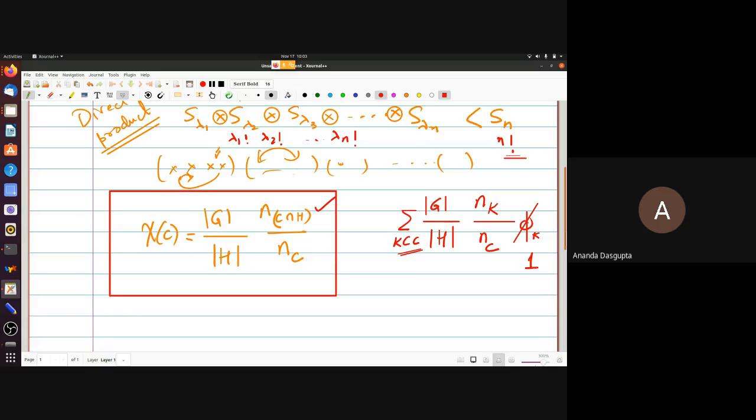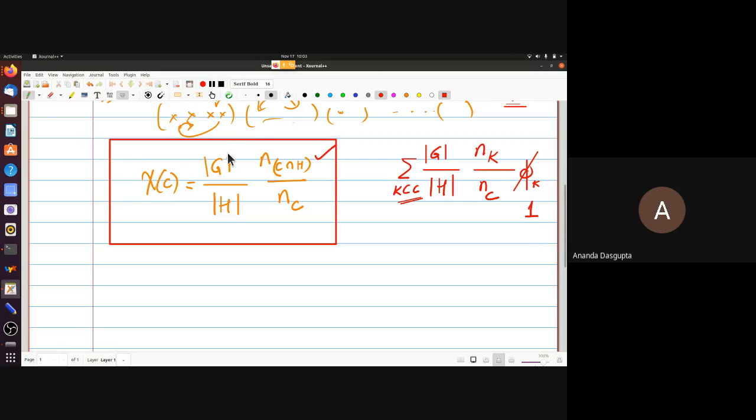But what is really important is that using this formula becomes rather simple for Sn. The reason is that the number of elements in a class is quite easy to figure out. There's a nice, simple formula for that. Well, not necessarily very simple, but not too complicated either. So how would you characterize a class C of Sn?